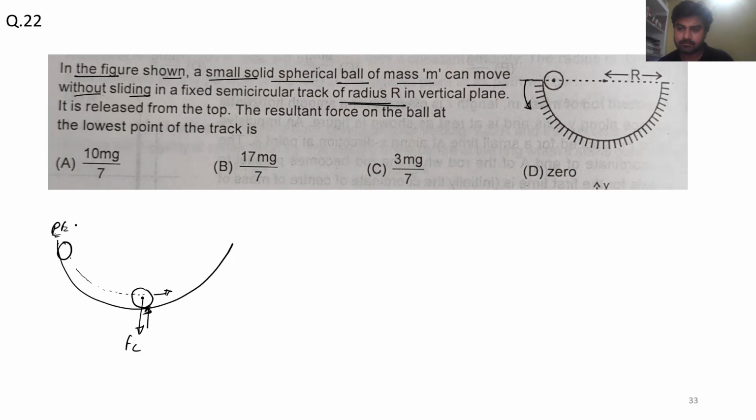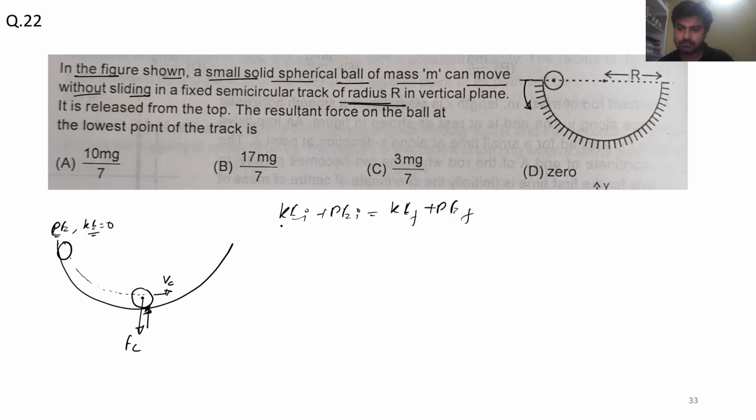potential energy here, and kinetic energy here is 0, because it is not acquiring any speed. When it comes here, let's say velocity is vc, because it is centripetal velocity. So from the conservation of energy, kinetic energy initial plus potential energy initial is equal to kinetic energy final plus potential energy final.